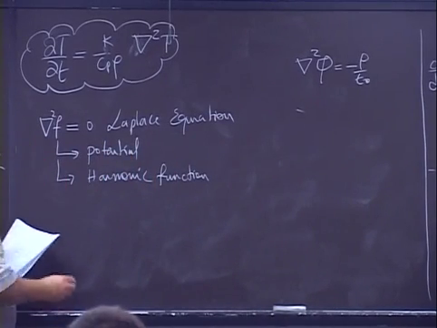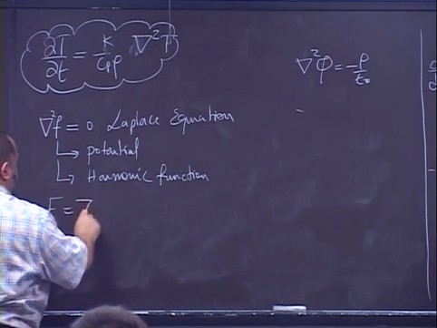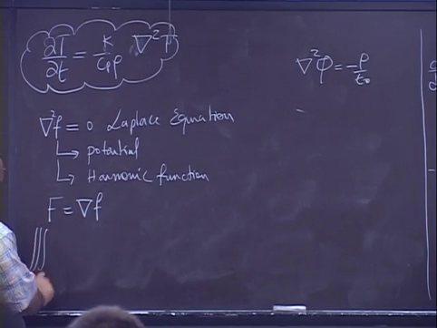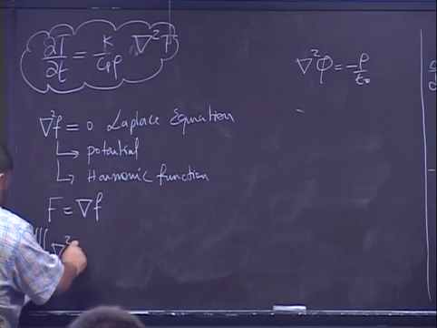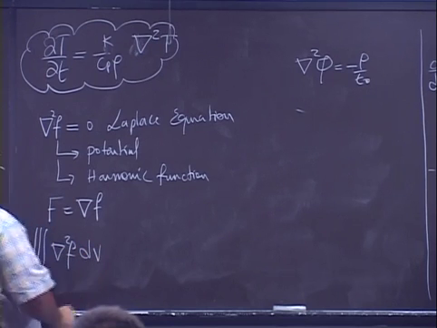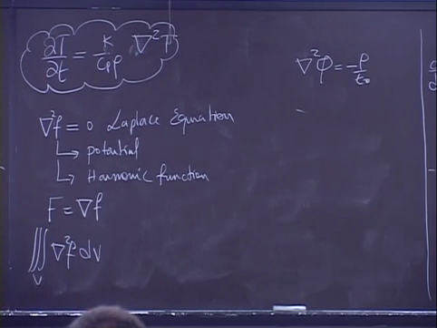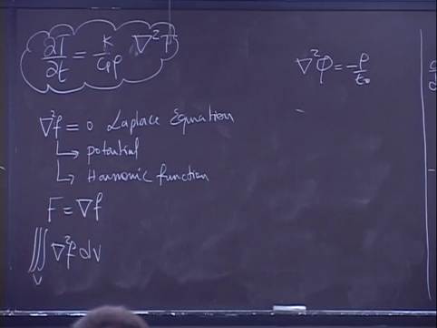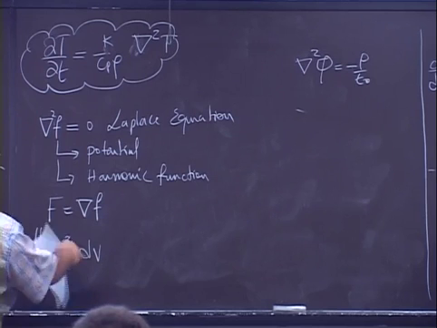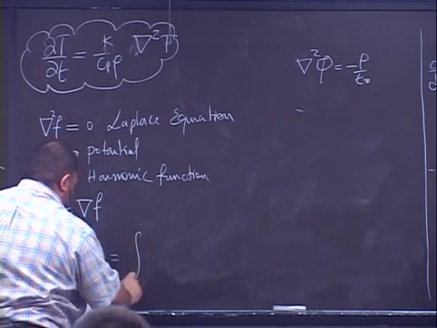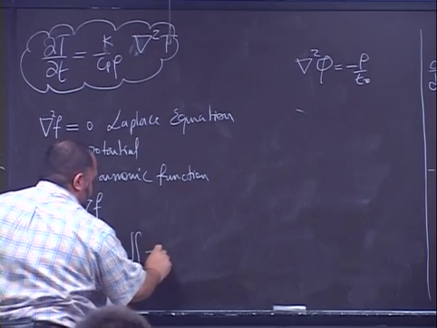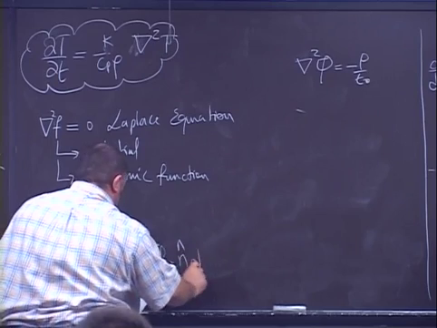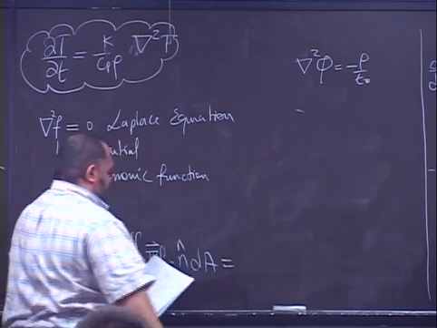So if you have a function F equal to gradient of some function f, for example, so the volume integral of nabla square f dV, because if you substitute here with divergence of F, and F is equal to gradient of f, so this will give you divergence of gradient of f. This is nabla square f dV, and this will be equal to what? The surface integral of what? Gradient of f dot n dA, and this is equal to what?